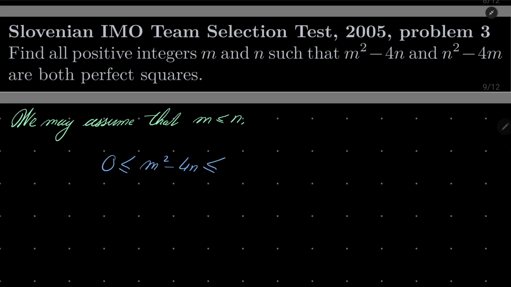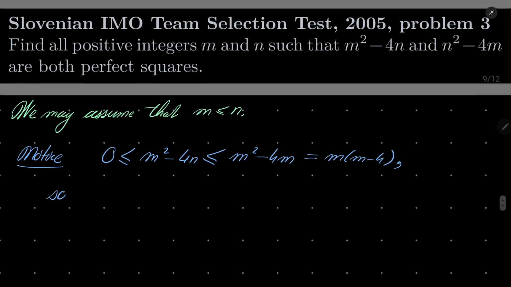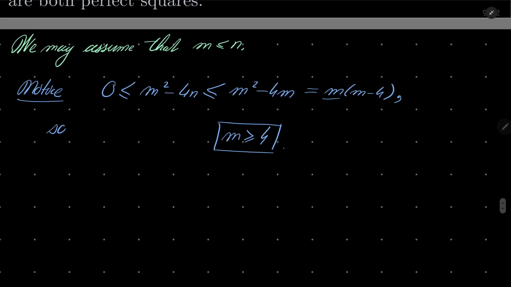But at the same time, it's less than or equal to m squared minus 4 times m, because here we are subtracting a bigger number than there. And that is m times (m minus 4), so definitely m must be greater than or equal to 4, because here we have a non-negative number, so m minus 4 must be greater than or equal to 0.